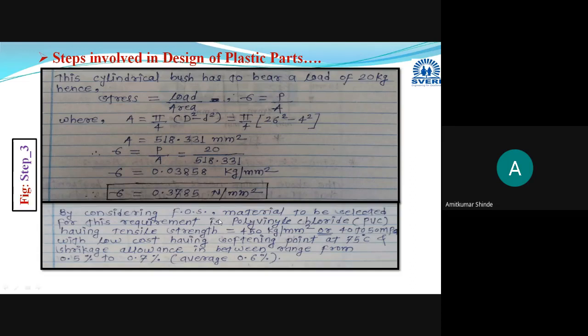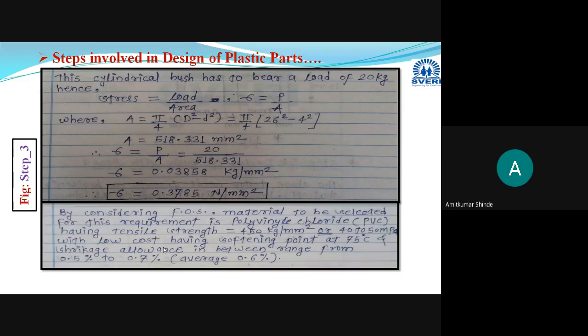For this much load, you can go for the PVC material, that is polyvinyl chloride, to manufacture that particular bush, which can sustain this much load. Here you have to write that it is to be manufactured by considering the factor of safety. That particular bush can be manufactured with the help of PVC material, polyvinyl chloride.